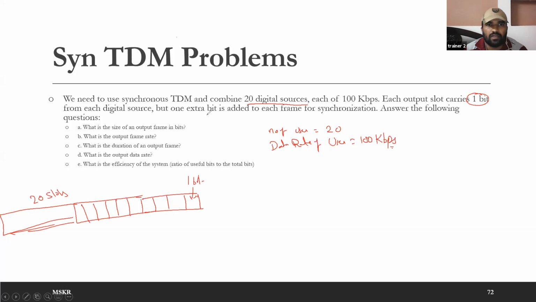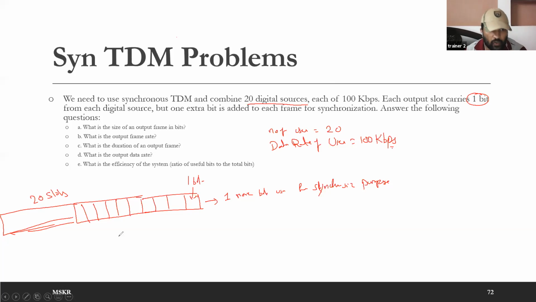Now along with these 20 slots, you have one more bit used for synchronization purpose.